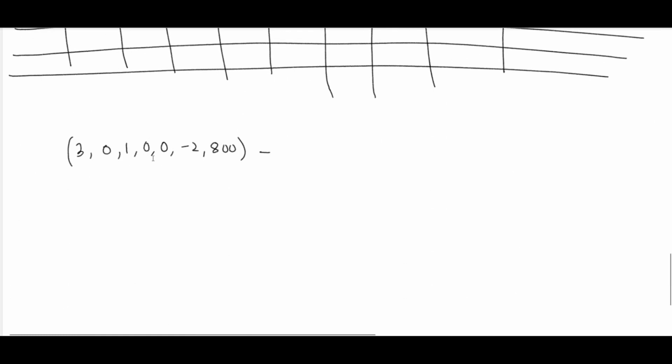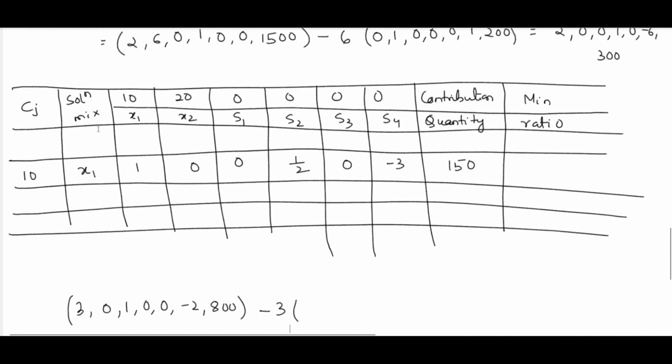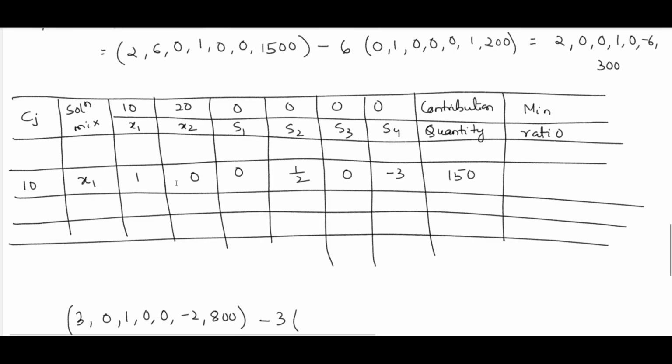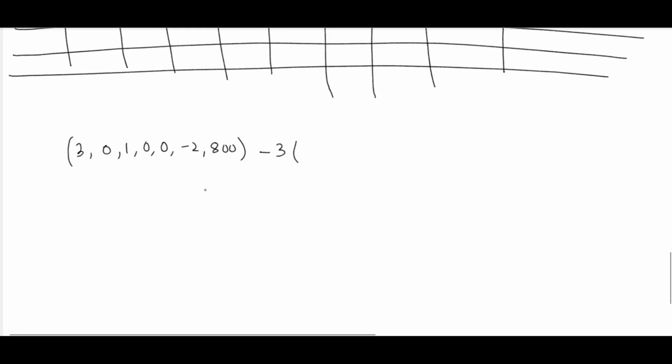So it is minus 3 into 1, 0, 0, 1 by 2, 0, minus 3, 150. So if you solve it, you will get 0, 0, 1, minus 3 by 2, 0, 7, 350.